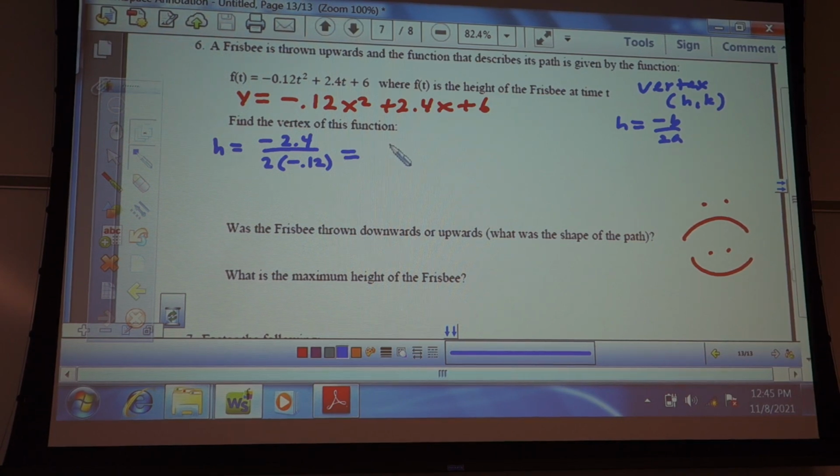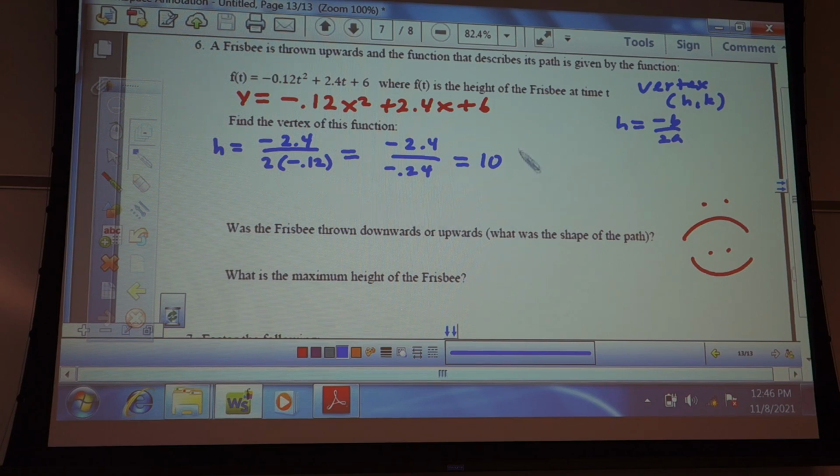And you'll end up with negative 2.4 over negative 0.24. Negatives cancel out, and we end up with 10. Everybody end up with that? Yes? Is that right? Thank you. Gabe, what'd you get for the vertex? Melissa, what'd you get? Okay. So that's my h.